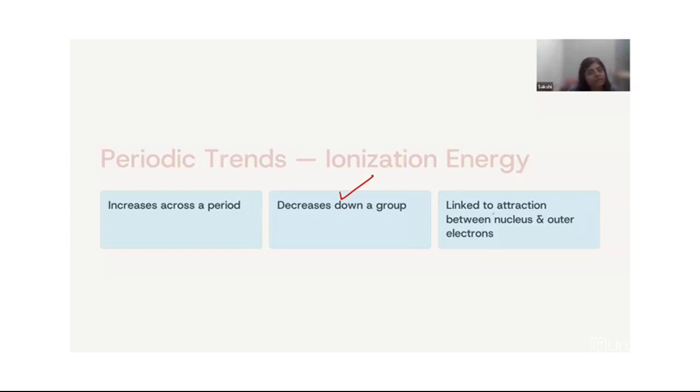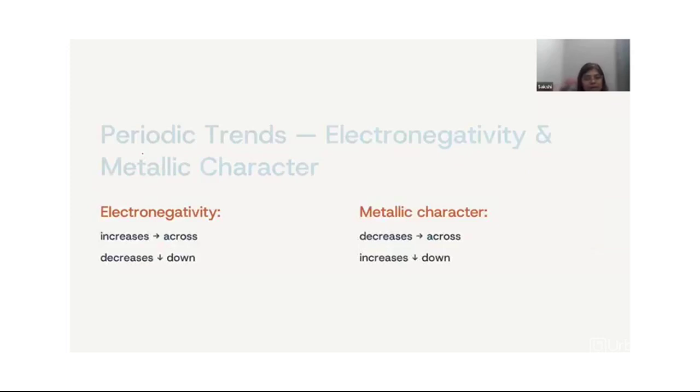Now this ionization energy depends on the force of attraction between the nucleus and the outer electrons. So obviously, if you're moving left to right, if the size is becoming smaller and smaller, the force of attraction between the nucleus and the outermost electron increases. That is the reason you have to supply more energy to remove the outermost electron. Hence, the ionization energy increases across a period, right?